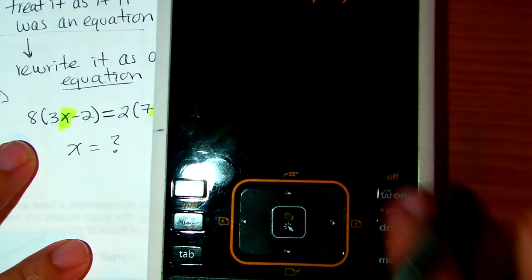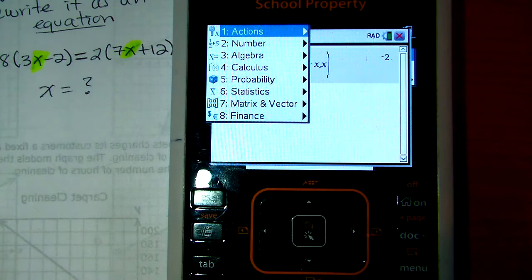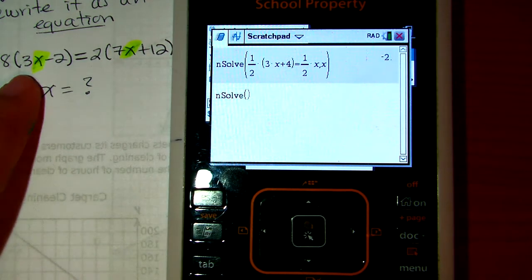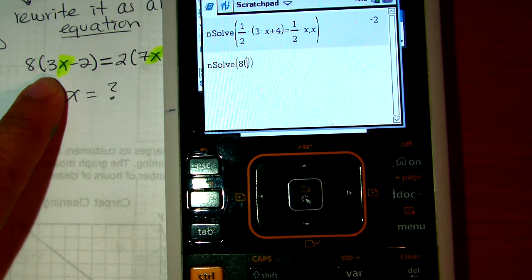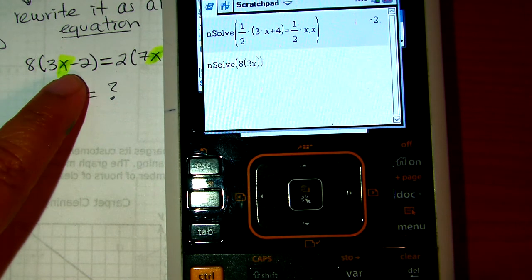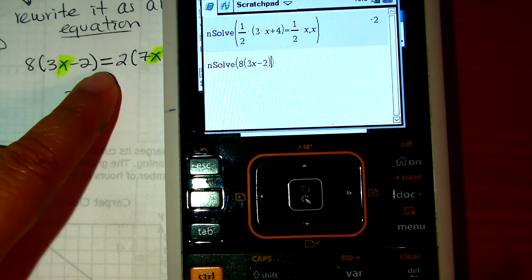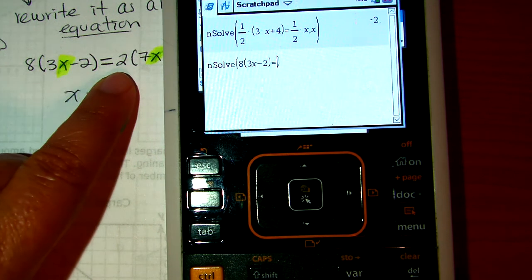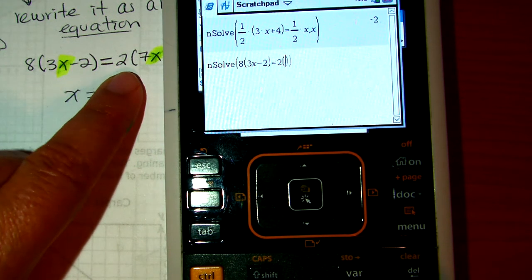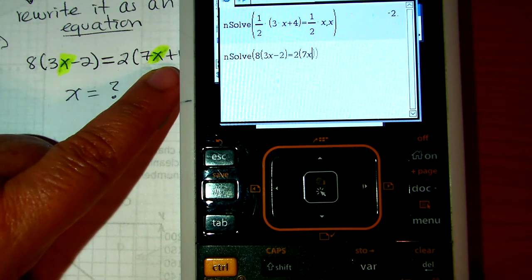Let's do this one. Menu 3, 1. Let's type it. 8 parentheses 3x minus 2, close it, equals 2 parentheses 7x plus 12.